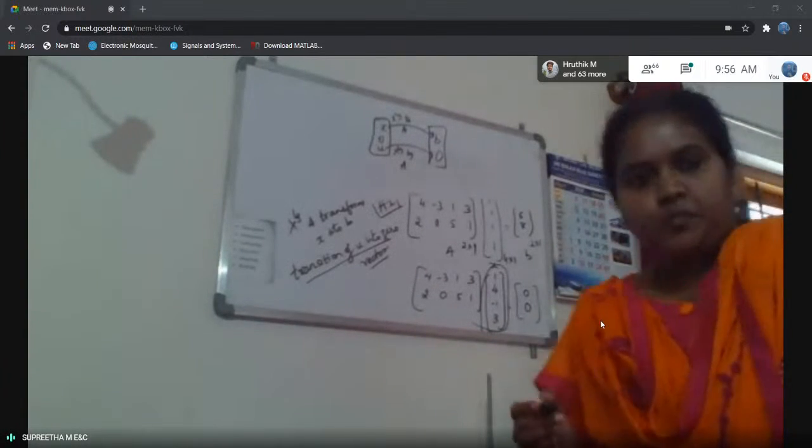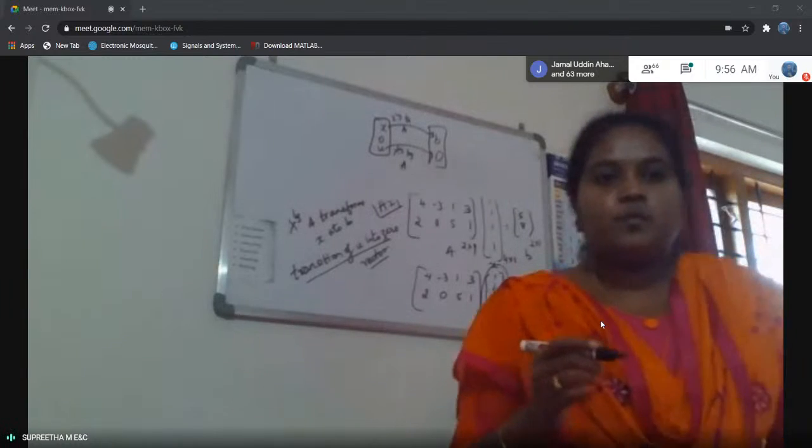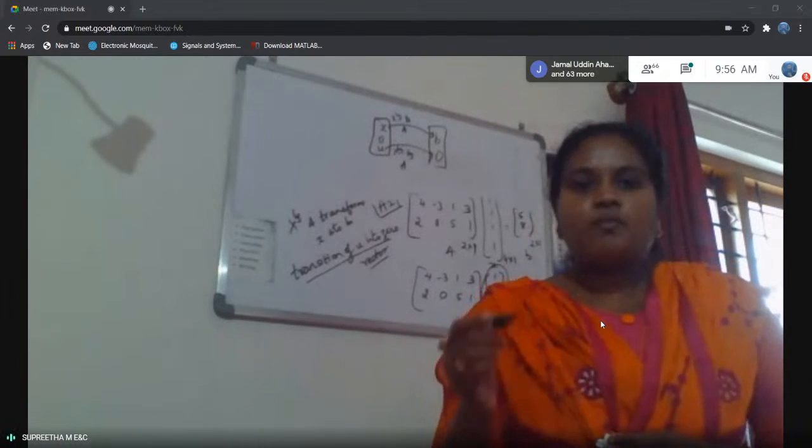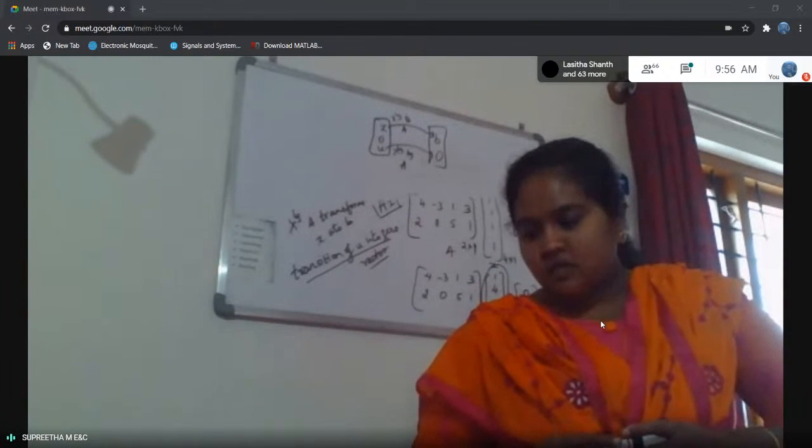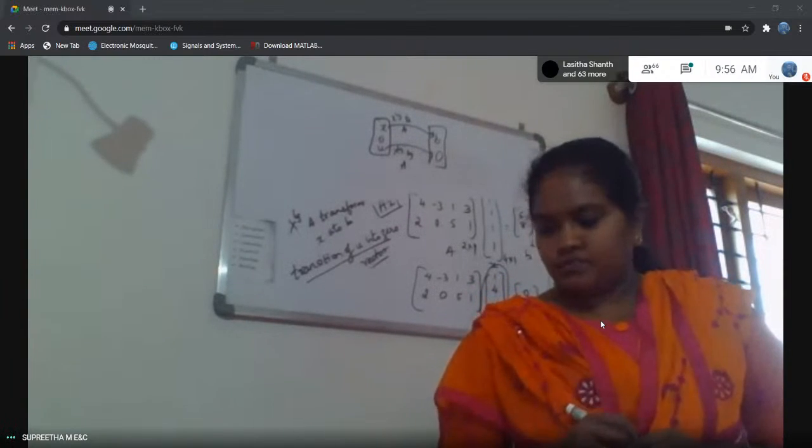So you can see here with this example, I can transform the vectors from one form to another form using matrix multiplication. Is it not?